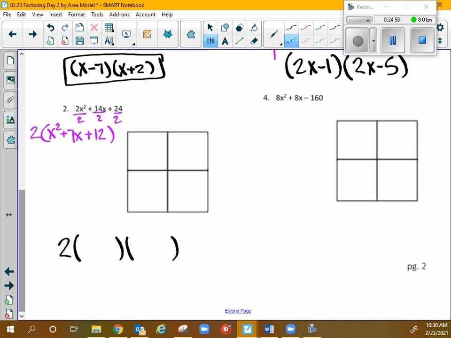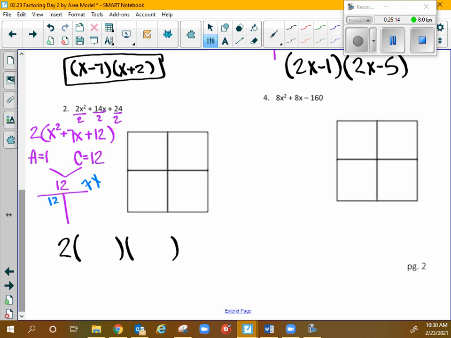Okay, so now that I've factored out the GCF, my A value is no longer 2, it's 1. What's my C? 12. 12 and 1, 12. Factors of 12 that have a sum of what? 7.